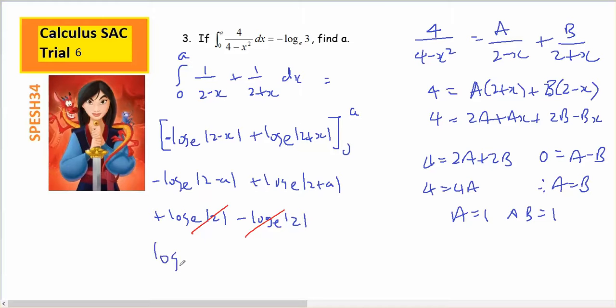So I've got log base e of 2 plus a over 2 minus a equals log base e of 1/3.